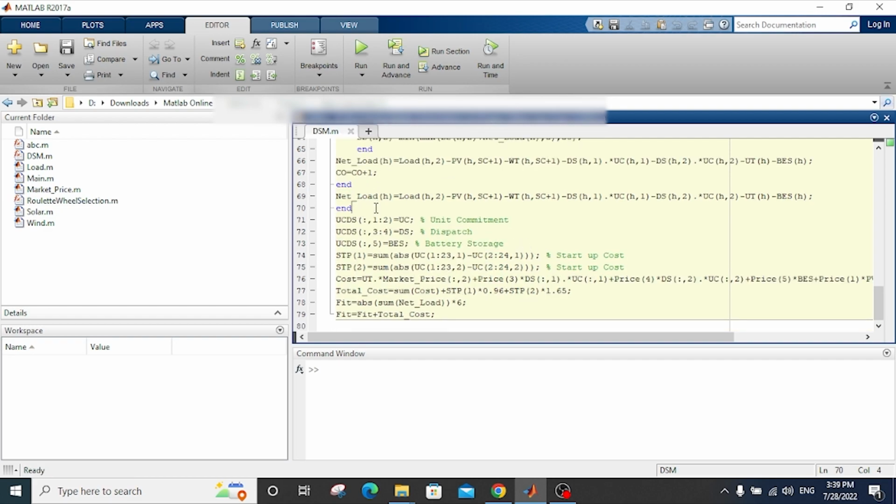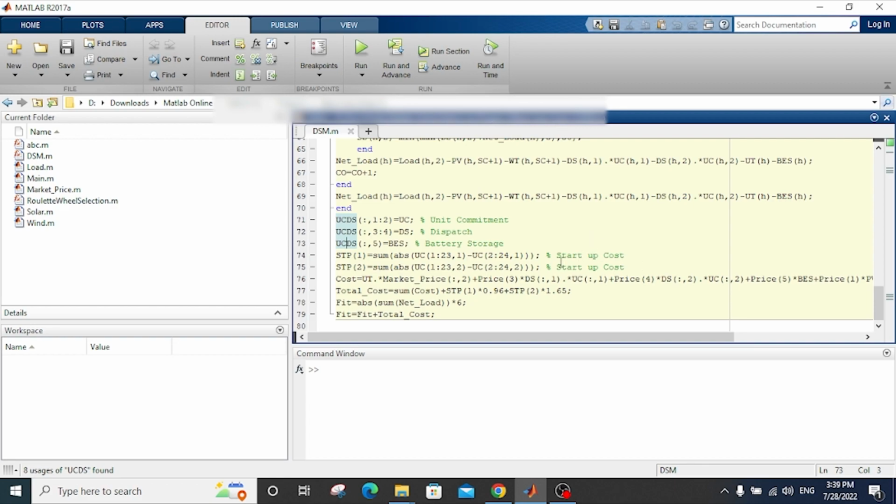After finishing the 24 hours, we update the status of the generation, the megawatts from the generation, and the battery storage is also updated here to be the output.